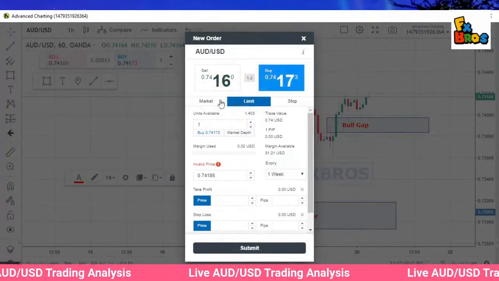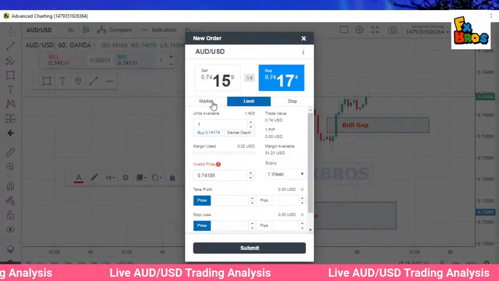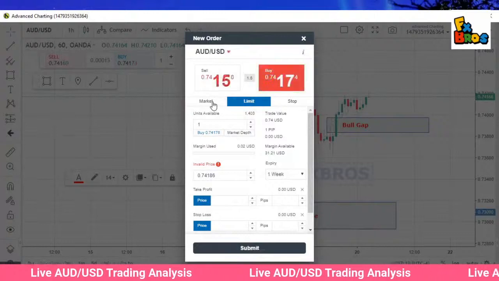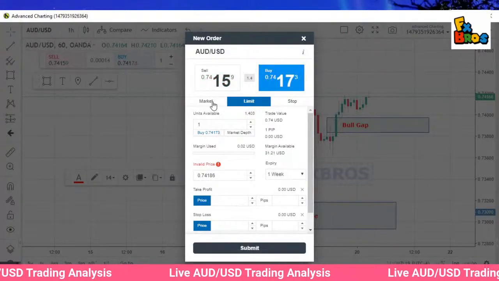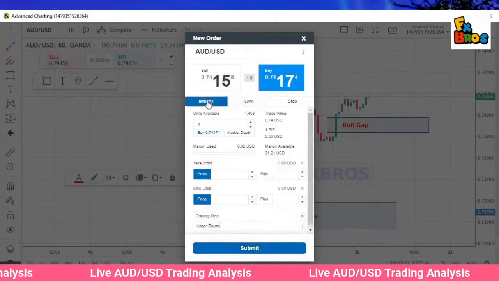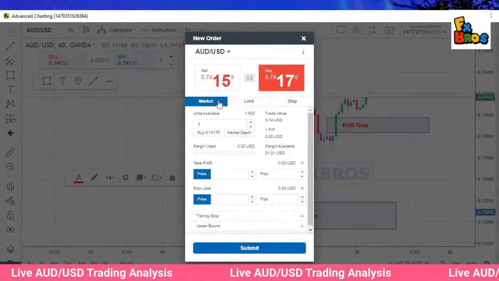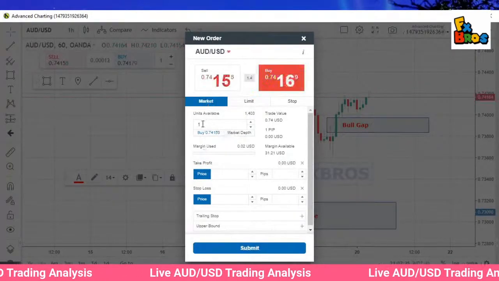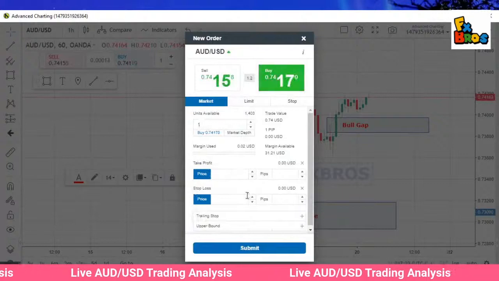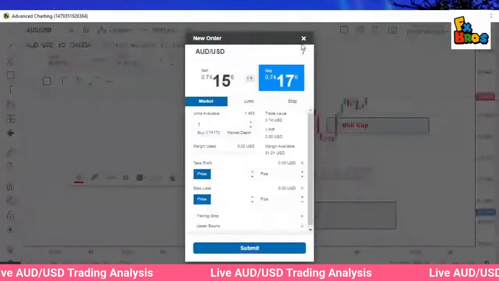But as far as drawing it in, I don't know if there's a way. I'm not gonna say there's not, but I know you could basically enter the market this way. If you want to get in right now, put your units, take profit, stop loss if you want to, and just hit submit, and you in there.